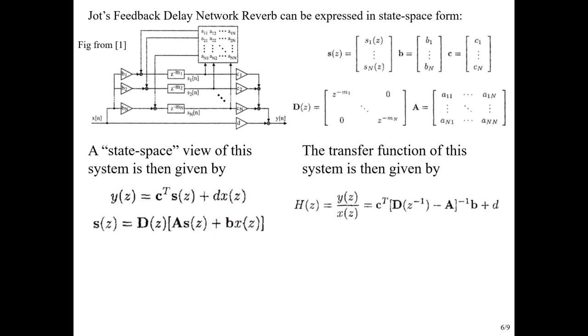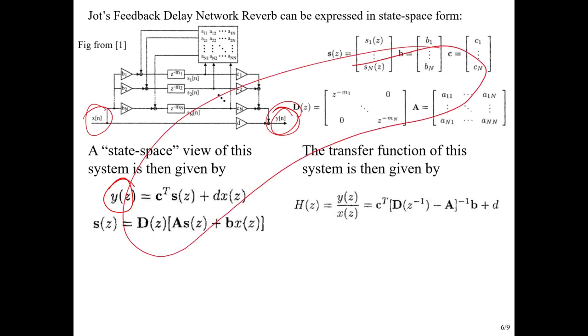We talked about this, that we could get a transfer function view for a single output formed this way. This ends up being a single output here, and we can find the transfer function from X to Y. So we can think about it in state space view, and we can think about it in transfer function view.